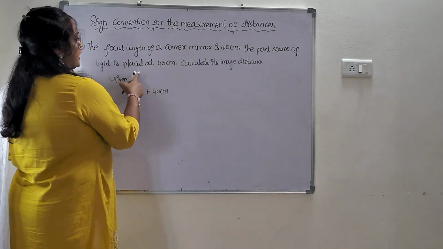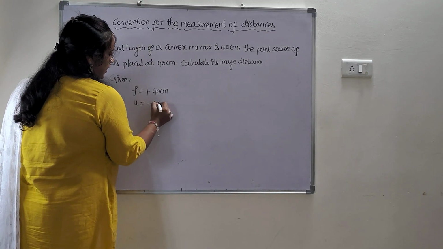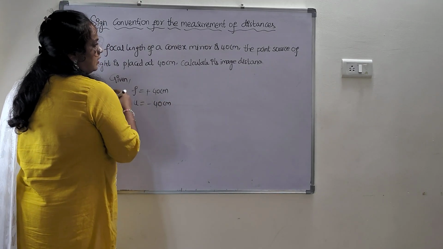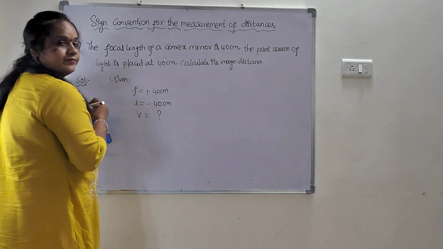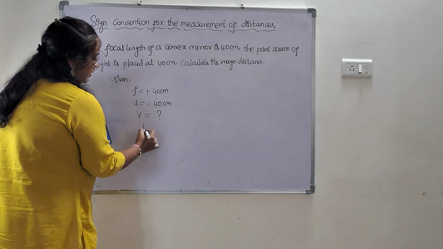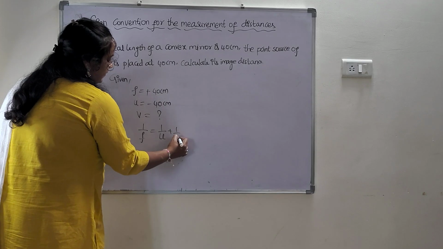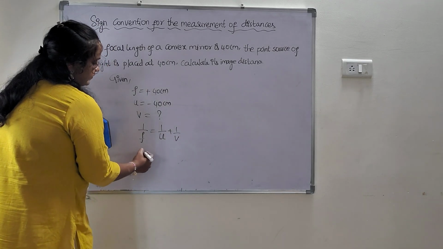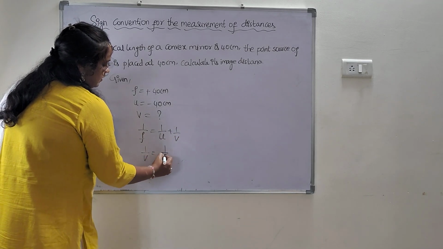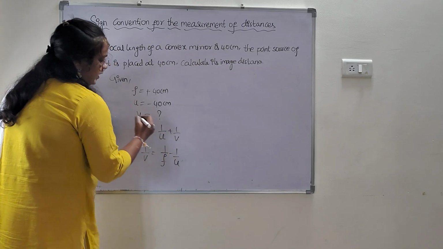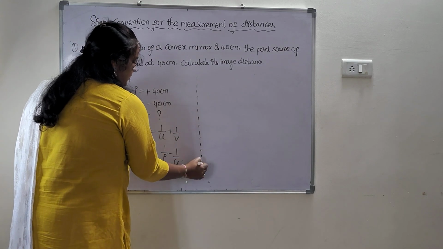The point source of light means that is the object. So object distance u is equal to minus 40 centimeter. Now, calculate its image distance means they are asking us to calculate v. According to the mirror formula, 1 by f is equal to 1 by u plus 1 by v. I want v. So 1 by v is equal to 1 by f minus 1 by u. Now we need to substitute it.